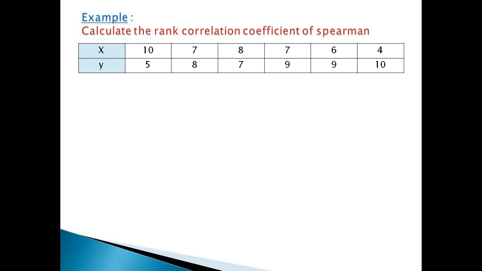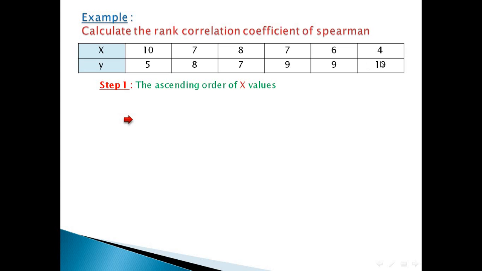Here we have the values of x and y. To find the correlation coefficient using the rank, you have 3 steps. Step 1, you have to arrange the value of x ascendingly in order from the small to the big.